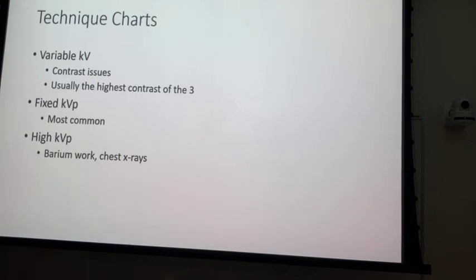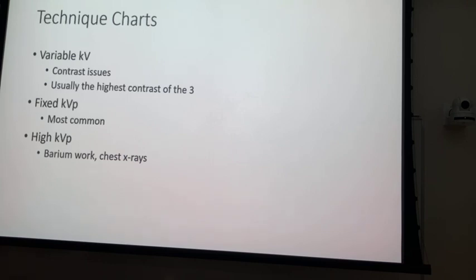I expect that, again, in your career, we may be going back to a variable KVP system. But with a variable KVP system, what we have is contrast issues. Oddly enough, of the different types of technique charts, we get higher contrast off of variable KVP systems than we do with fixed KVP systems. That's fundamentally because you're trying to use as low a KVP as you can and still penetrate the tissue, so it tends to be low KVP.